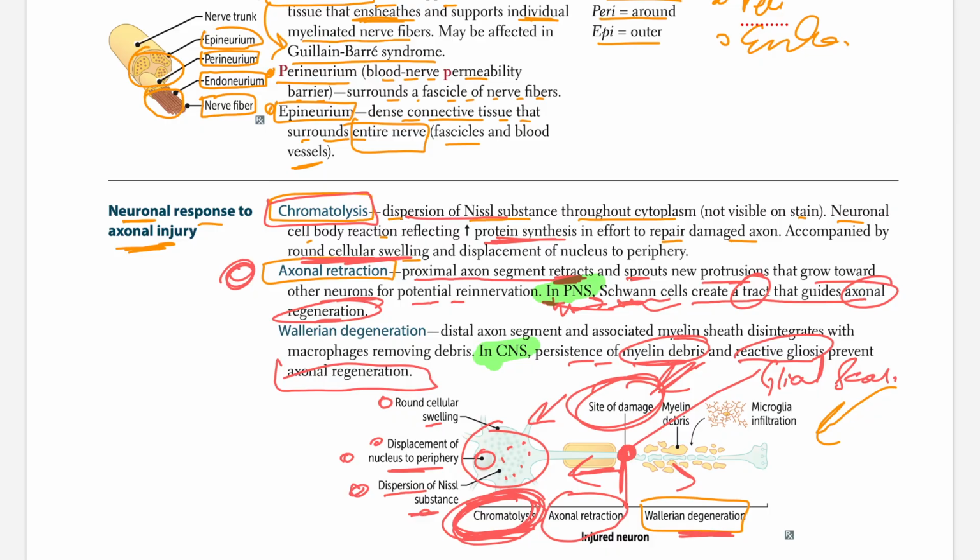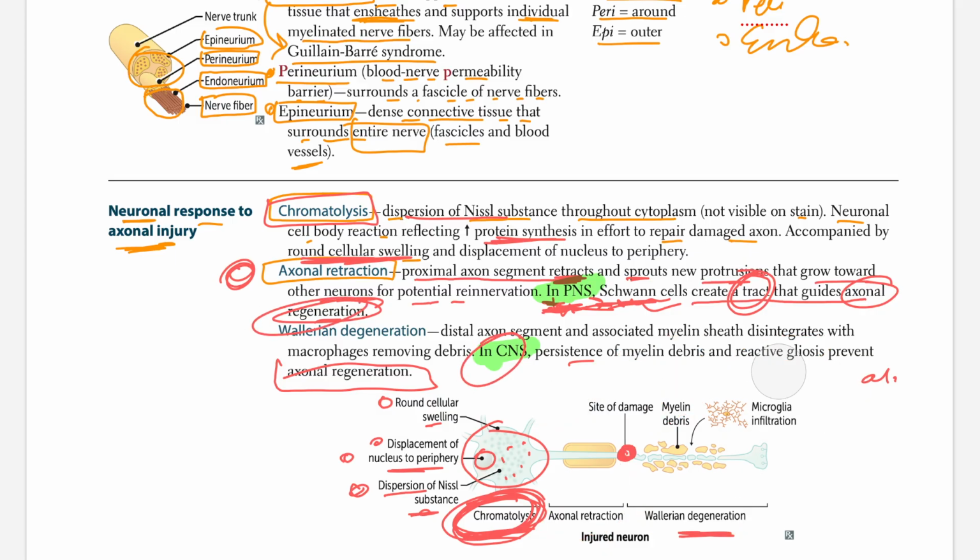But in the peripheral nerves, they do regenerate. So we led to a conclusion: in the PNS, the Schwann cells make a track for axonal regeneration, but in the CNS, because of all this myelin debris and inflammation, which is reactive gliosis, there is no axonal regeneration.